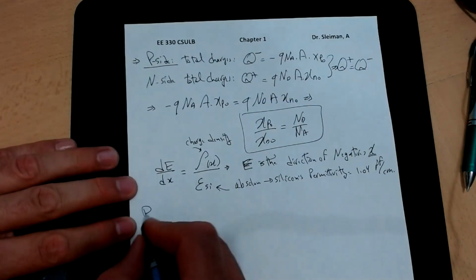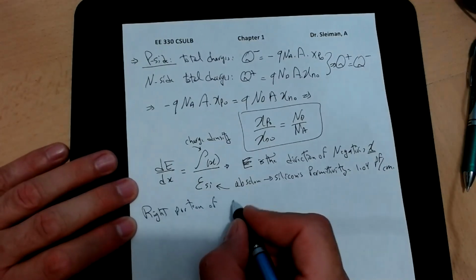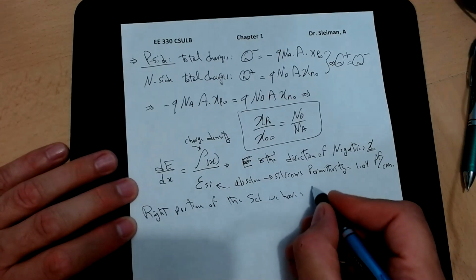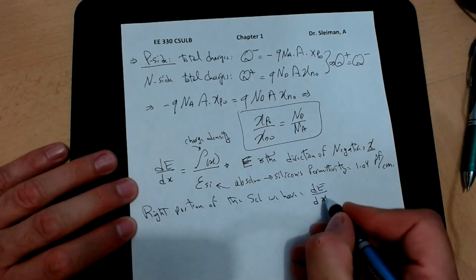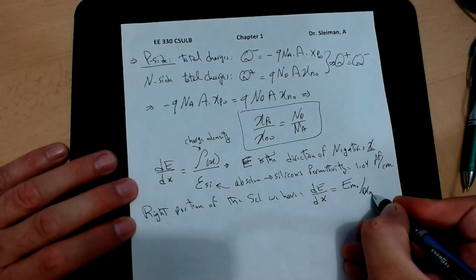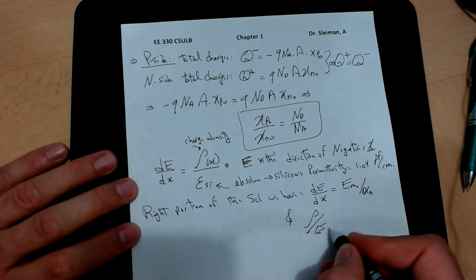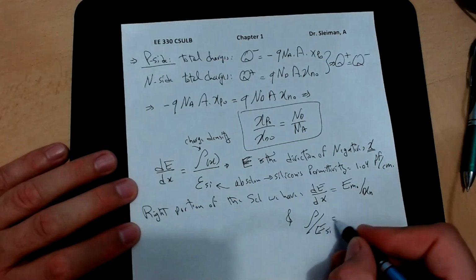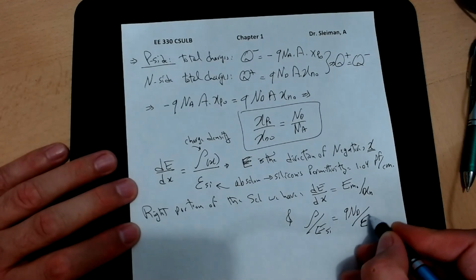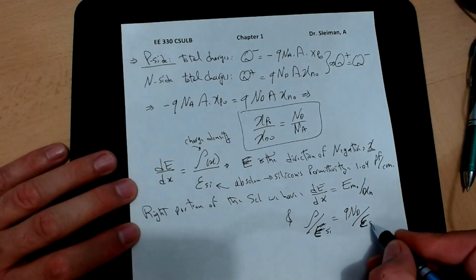So for the right portion of the SCL, we have dE/dx equal to Em0 divided by xn0, and rho divided by silicon epsilon is equal to q ND divided by epsilon for the silicon.